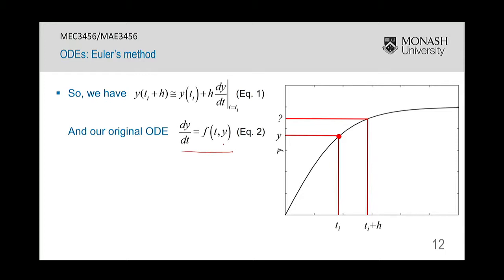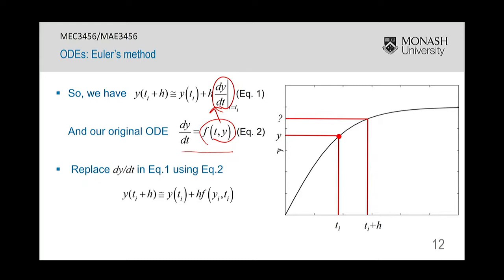So if we substitute this in, we get y of ti plus h is equal to y of ti plus h times f of ti, yi. Of course, there's going to be some error terms here as well. This equation here is Euler's method, and I recommend that you commit that to memory.